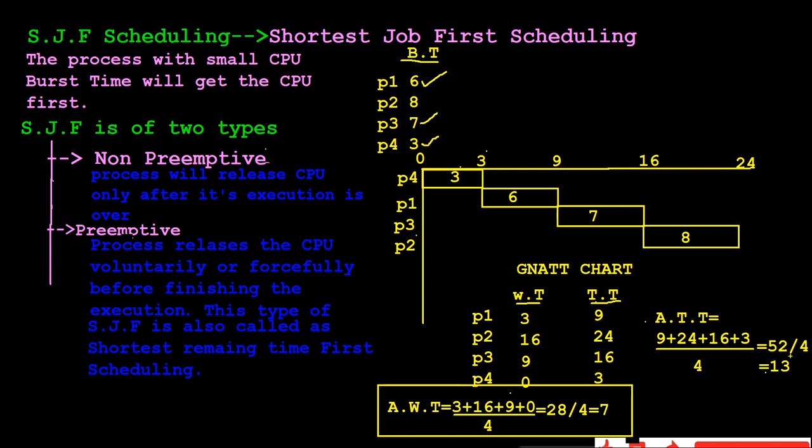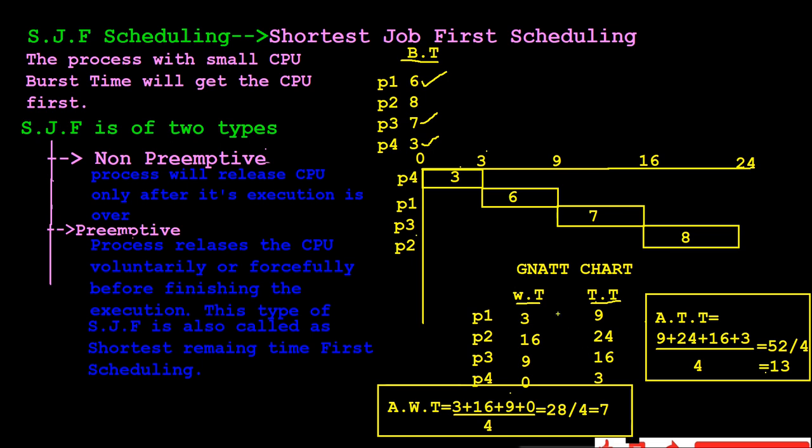So this is the average turnaround time. Mostly we will consider average waiting time; it should be very less. Turnaround time should also be minimum. So this is the shortest job first algorithm.